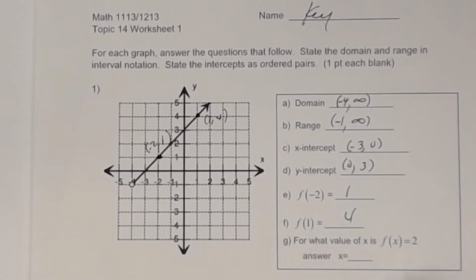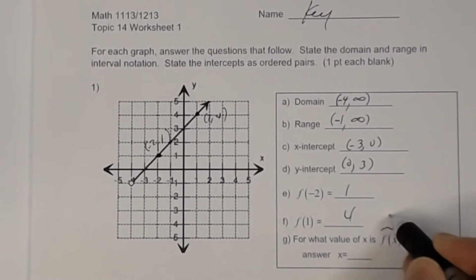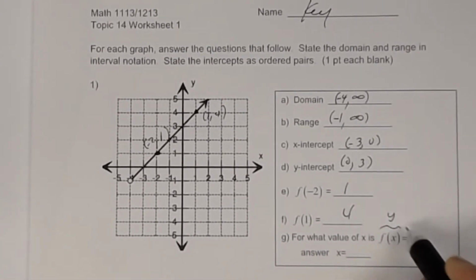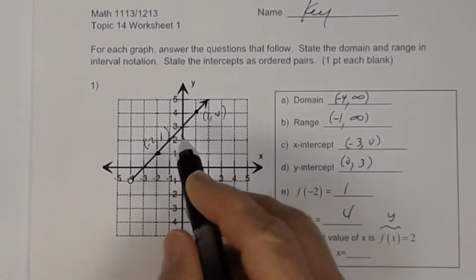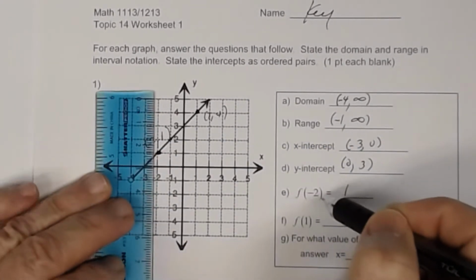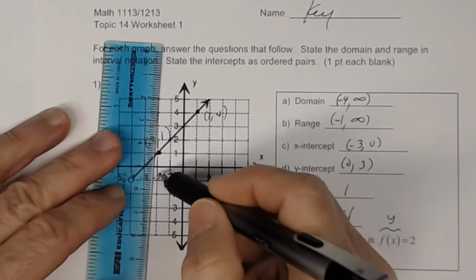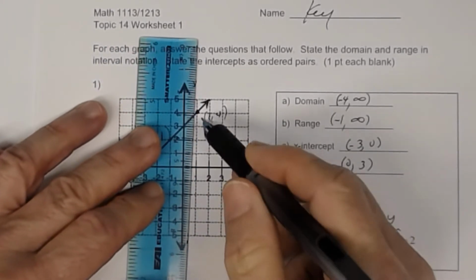G, for what values of x is f of x equal to 2? Remember, f of x means y, means the same thing as y. So for what values of x is y equal to 2? Well, remember, the 2 on the y-axis is here. So you got to locate the point that corresponds to that. So here's y is 2. So remember over here we said x equal -2, and we located the point, and then we said x equal 1, and we located the point.